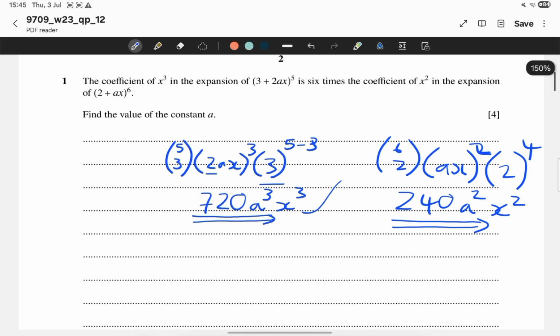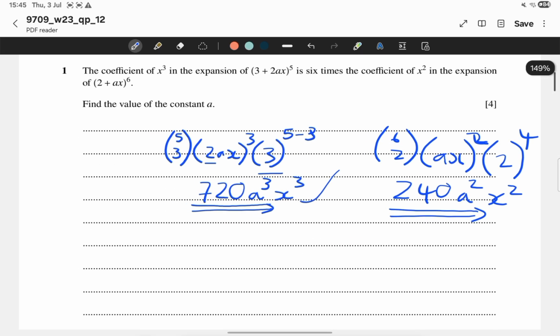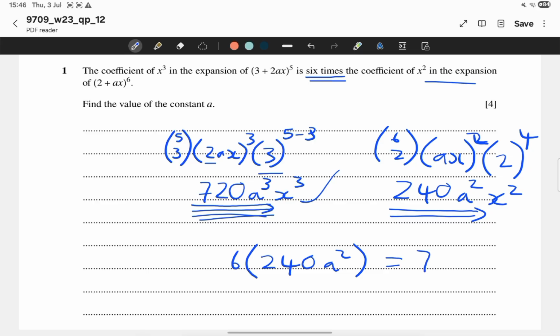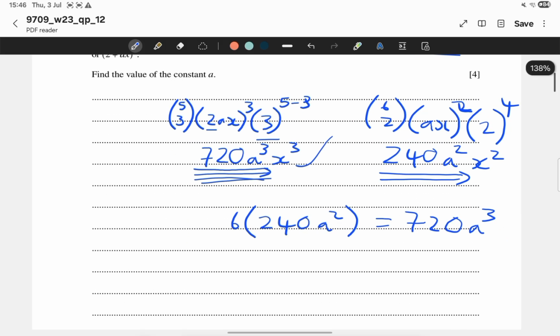Now, having these two pieces of information, we go back to the question. We know that this coefficient is 6 times this coefficient. So 6 times the coefficient of x squared, which is 240 a^2, is equal to the coefficient of x to the power 3, which is 720 a^3.